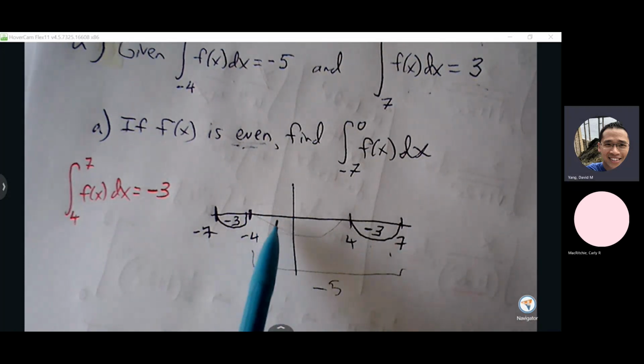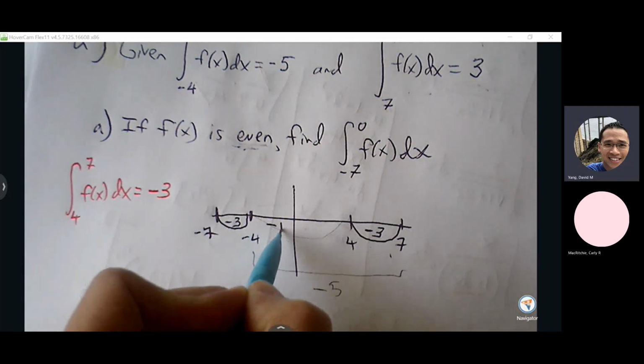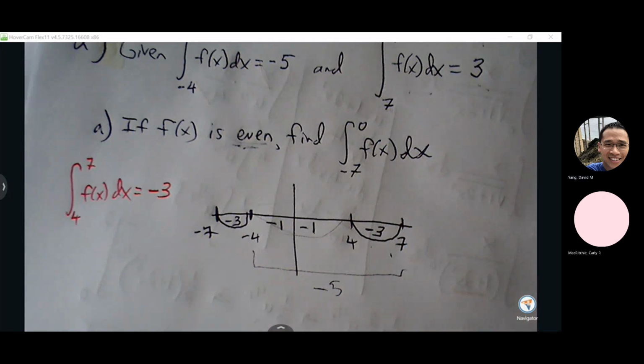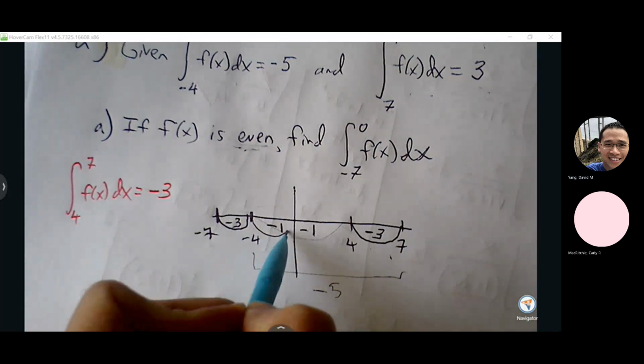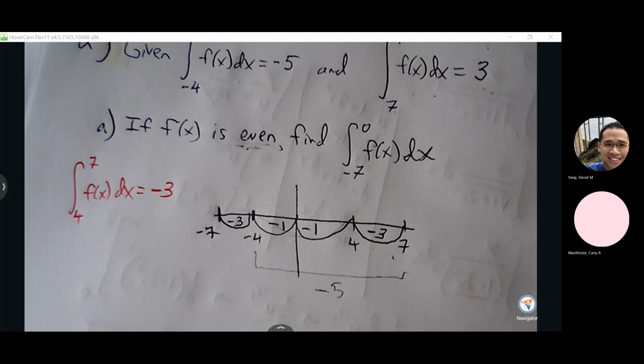So -2, and I have to split -2 evenly. So this is -1 and -1. Does that make sense? Are you guys okay with that?